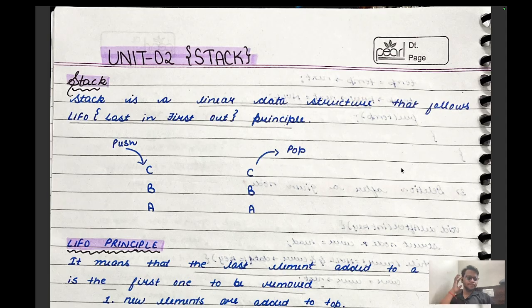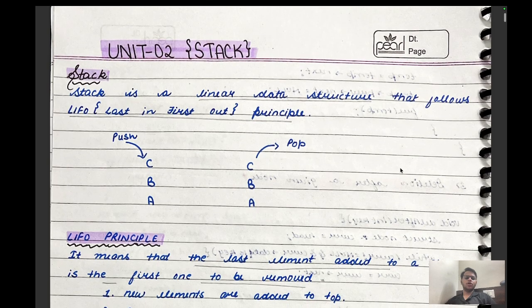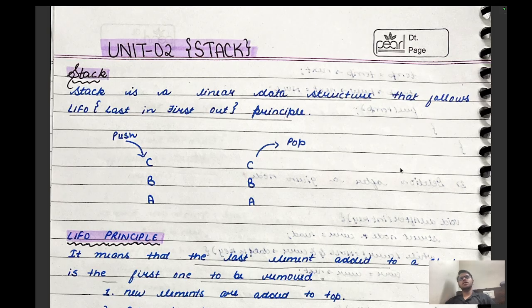So, what is the need of a new data structure? The basic data structures we have till now are string, integer, boolean, and many more. But this structure is unique, and what makes it different from other data structures is that it follows the principle of LIFO, which is last in first out.